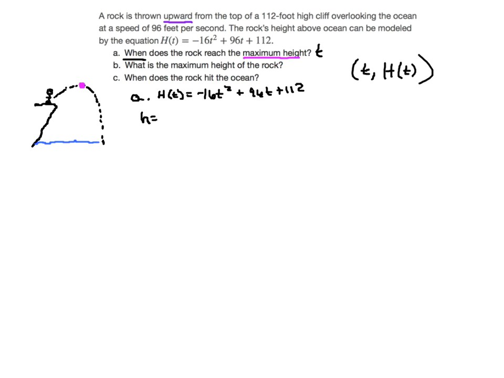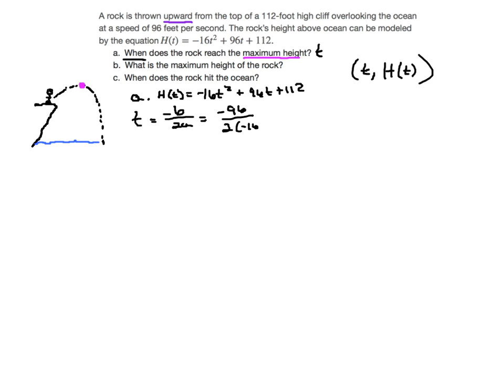I'm going to call it t, so I don't have another h there. So my t for the vertex is negative b over 2a.